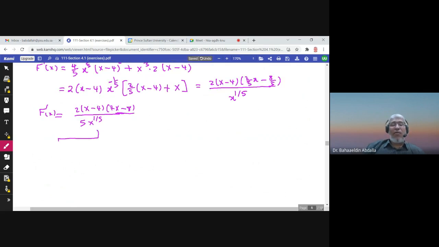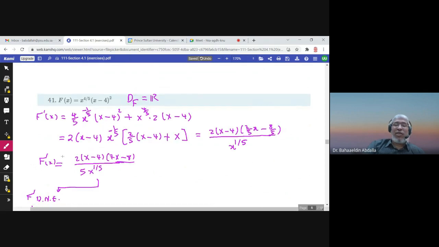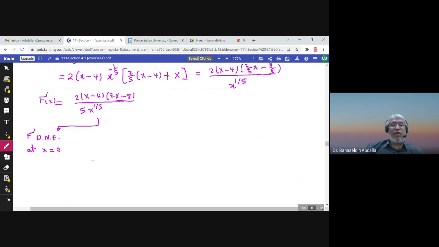And now f prime of x does not exist at 0 because 0 makes the denominator 0. But is it in the domain? Yes, it is in the domain, so it's a critical number. And f prime could be 0 if the numerator is 0, so when x is 4 and when x is 8 over 7.